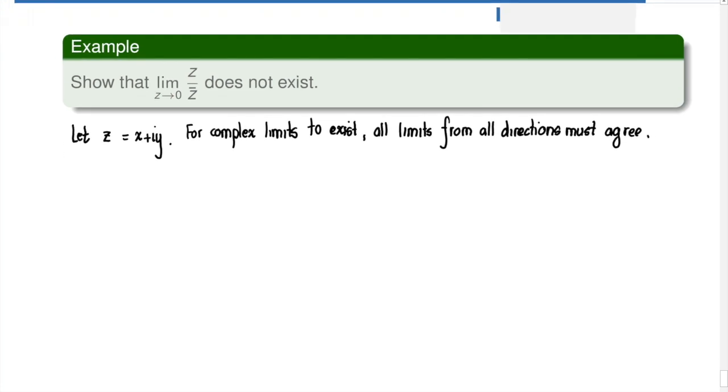Right, so starting, what does that mean? So let's take z over z bar. I can write this as x plus iy divided by x minus iy. I can do that, right?